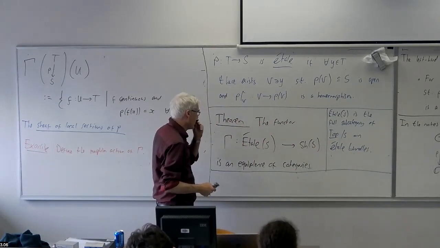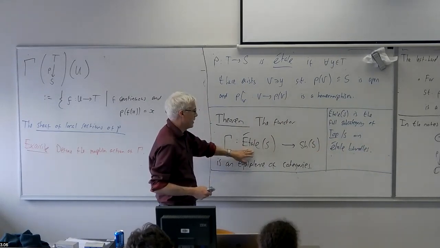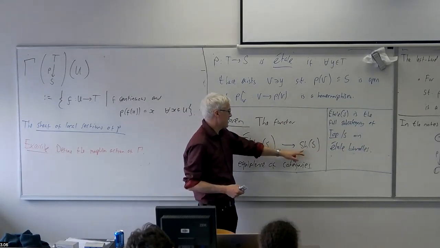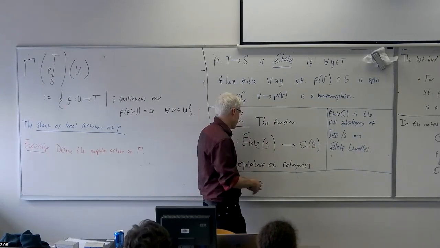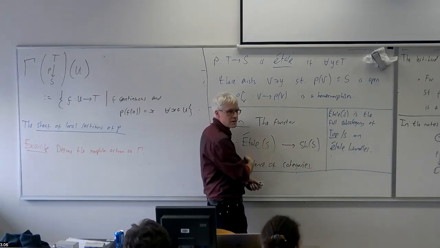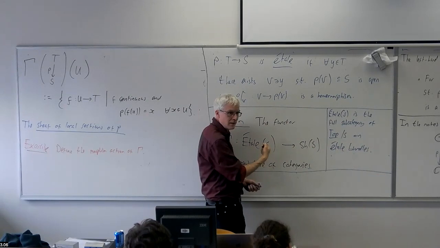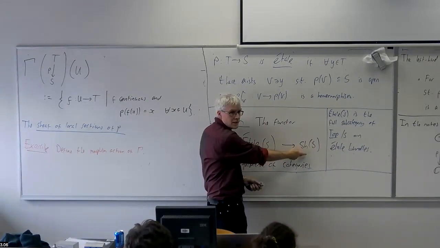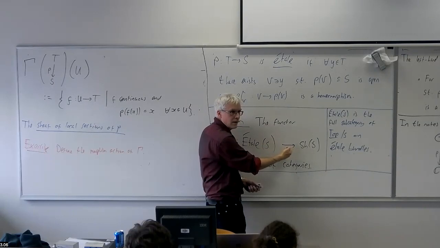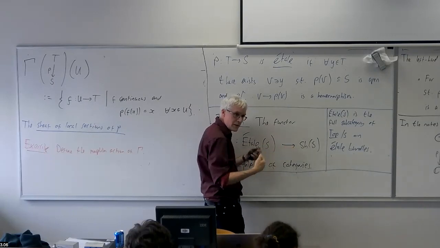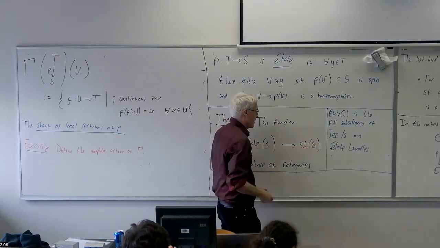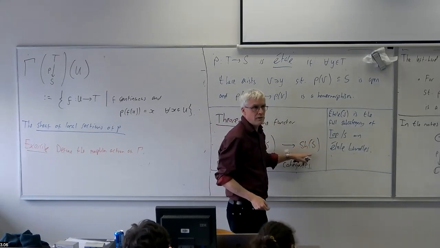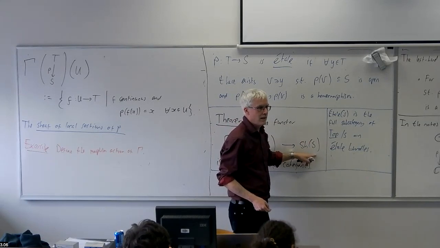One of the consequences of this theorem is that every sheaf over S is isomorphic to a sheaf of sections. Remember, any equivalence of categories is an essentially full functor. That means every object in the codomain category is isomorphic to an object in the image of the functor. So every sheaf, with this local definition of sheaf, over a topological space S, is isomorphic to a sheaf of local sections for some étale map.